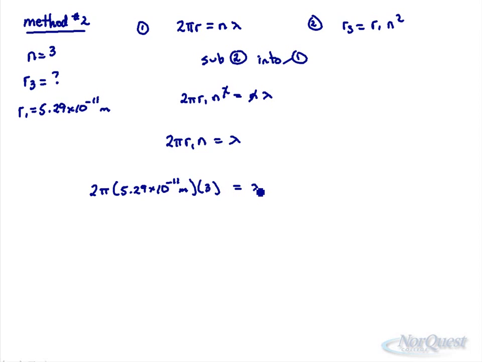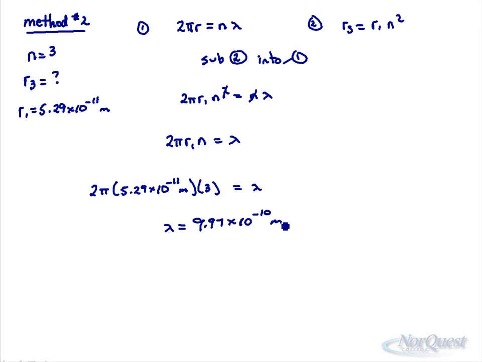So 2 times pi times 5.29 to exponent negative 11 times 3, and we end up here again with 9.9, this one's 9.7, just more of a rounding thing than anything else. These are all rounding values. 9.97 times 10 to the negative 10 meters.